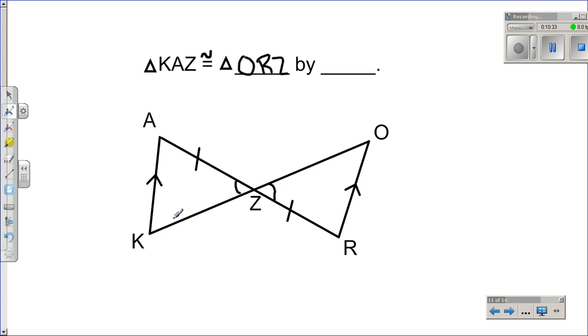I also have 2 parallel lines, so I know these are alternate interior angles. See if these are parallel lines, these are alternate, that they're congruent. Now I have angle, angle, side.